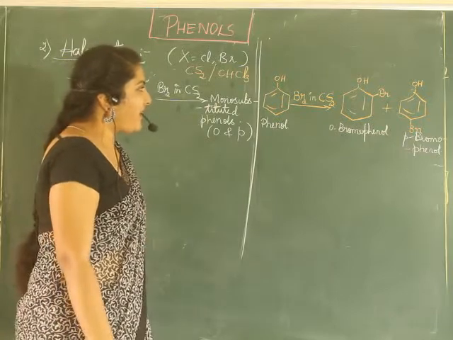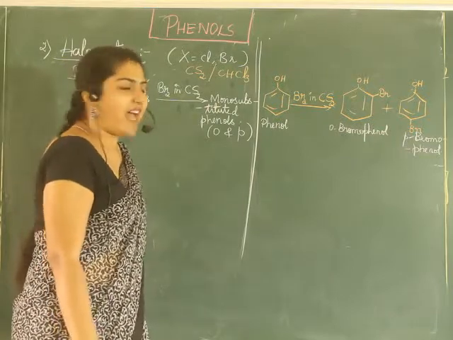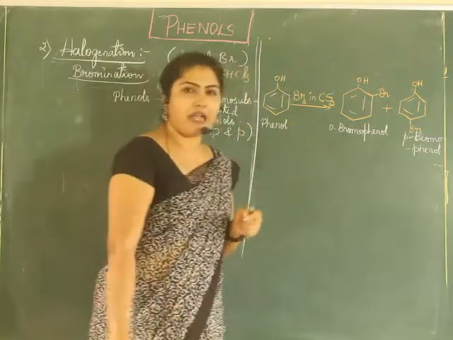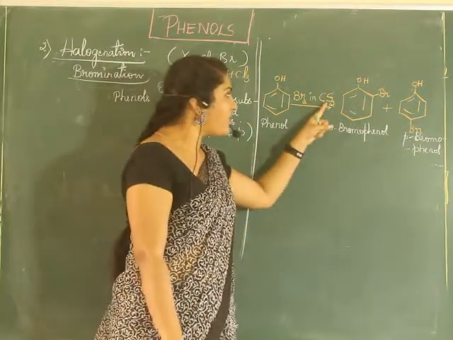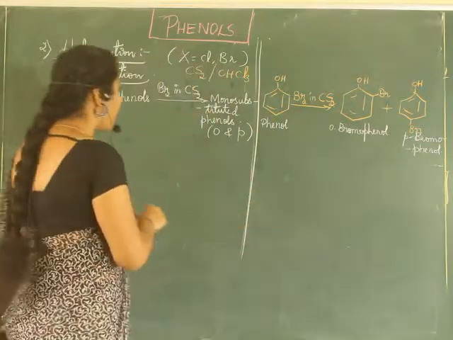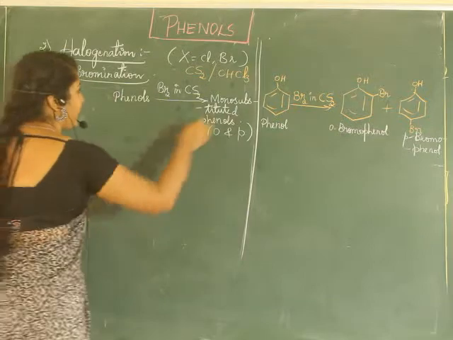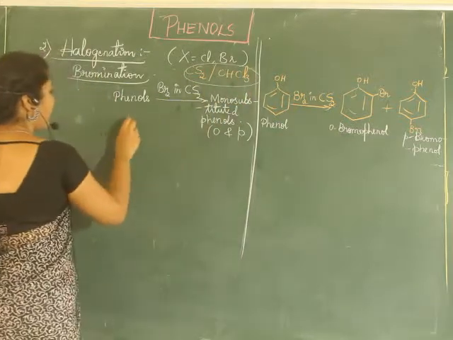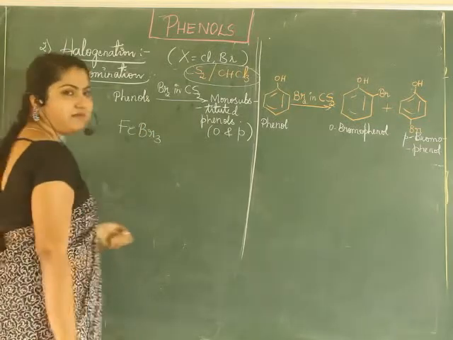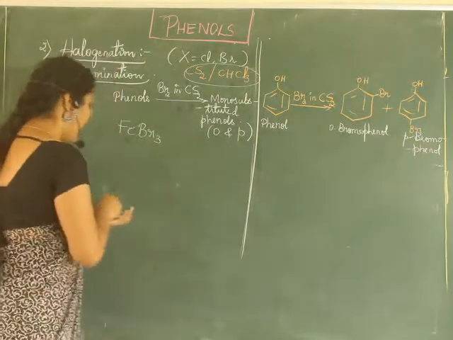Now if you remember the last year concept, you might have seen that this particular reaction was not carried out in the presence of carbon disulfide. Instead, they had used some Lewis acid like FeBr3.